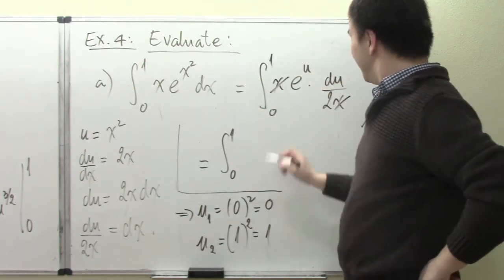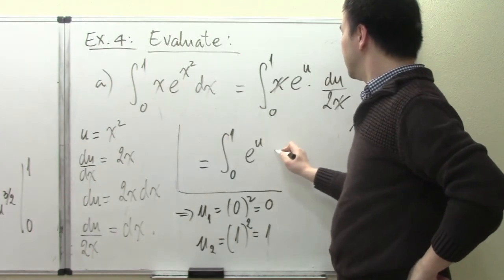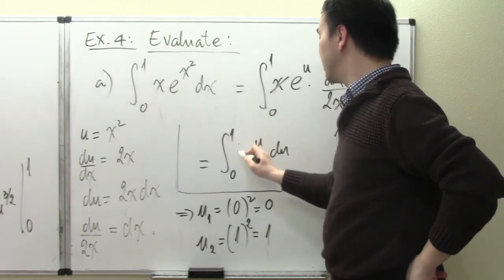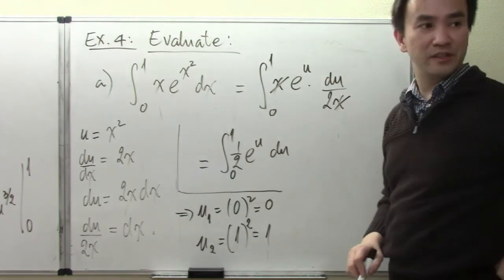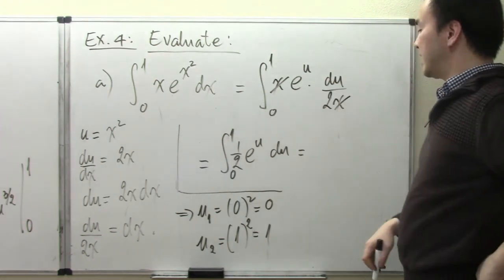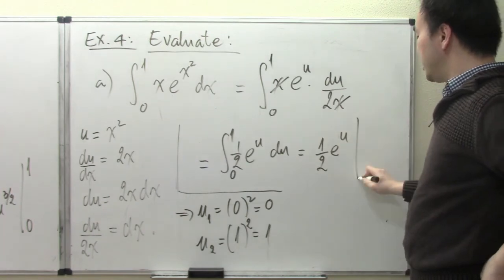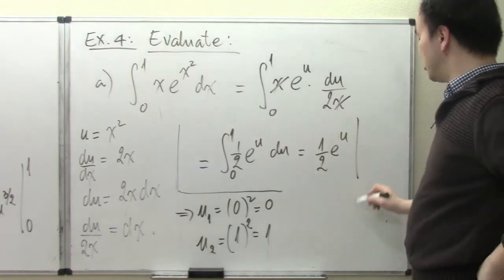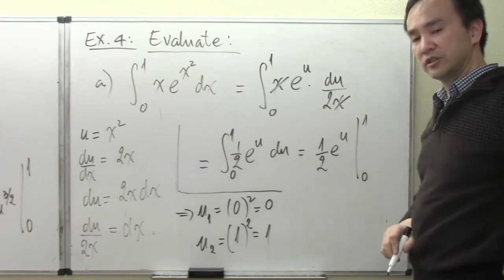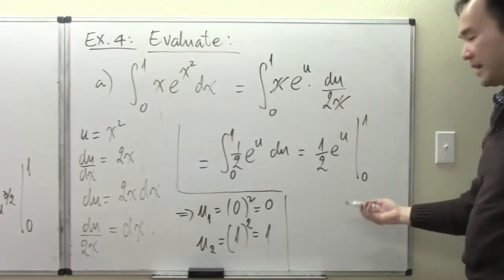Okay, e to the u du, and it's actually a 1/2. All right, and so now I am looking at 1/2 e to the u. I don't need to go back to the x variable anymore, ever, 0 to 1, to be substituted in. All right, so look at how easy this is.